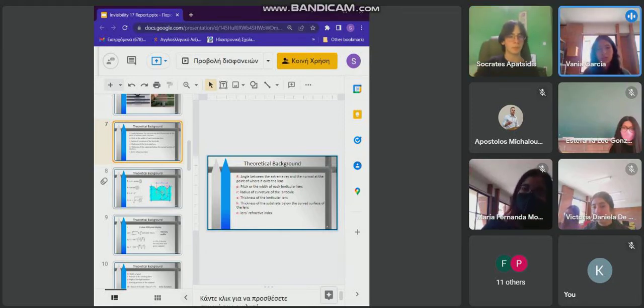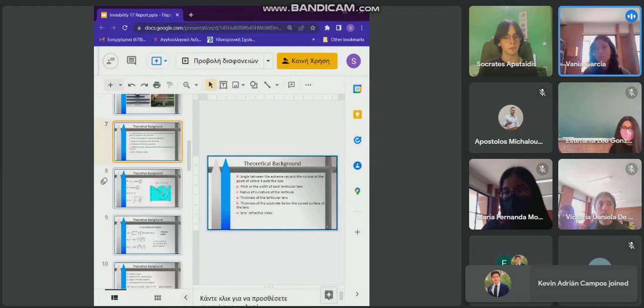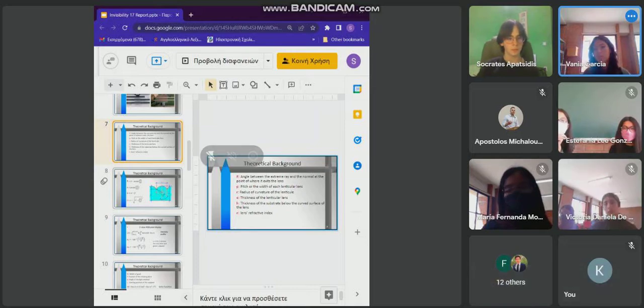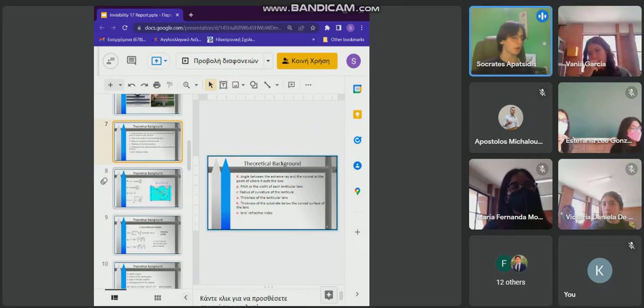Okay. Lastly, you talked about one lens, but could you tell us what you think would be the optimal shape for the phenomenon to work? If it's one lens, or maybe two, one on top of the other? One on top of the other doesn't seem to be a good case.